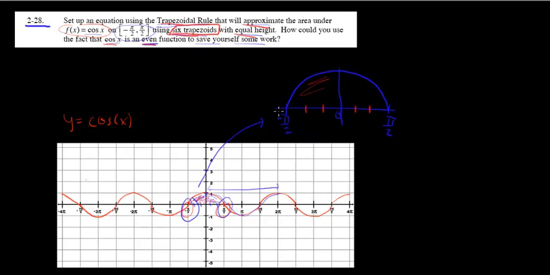And specifically, we need 6 trapezoids. So I want to break this from negative pi over 2 to pi over 2 into 6 regions, starting at negative pi over 2 and ending at pi over 2. So we have 3 here on the left, 3 here on the right side.